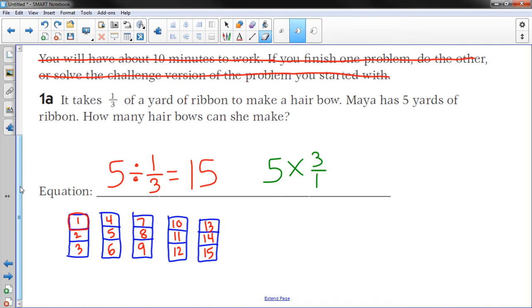Well, 3 over 1 is really just the number 3, but I can keep that there if that makes you happy. And you just multiply it. 5 times 3 is 15, and then this would be 5 over 1. 1 times 1 is 1, you get 15. Same thing. But kind of confusing if you're not used to it.